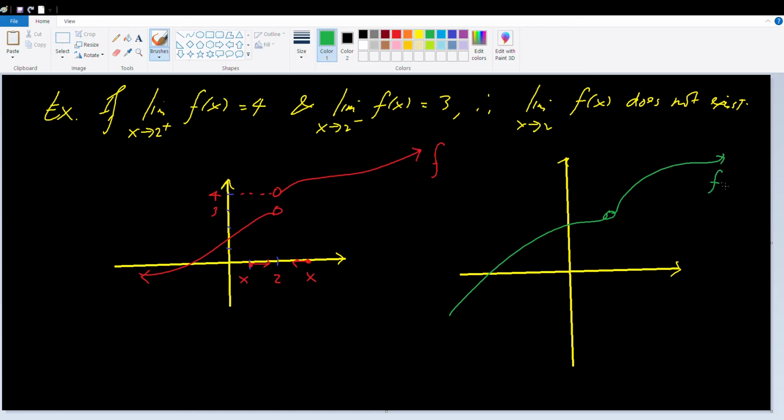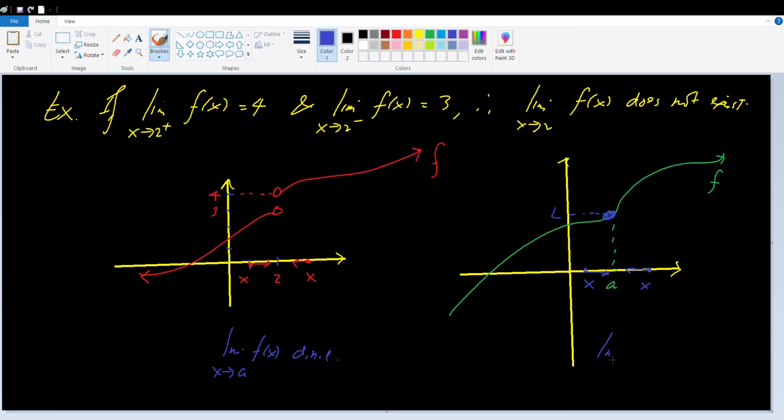There. That is your f, and that is your a. As x approaches a from the left, it approaches the number L. As x approaches a from the right, it also approaches the same number L. So this one, the limit of f of x as x approaches a does not exist.